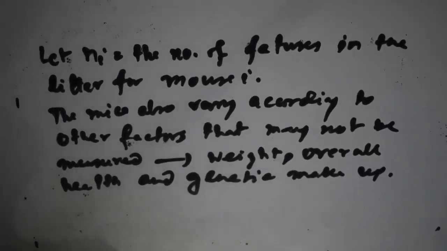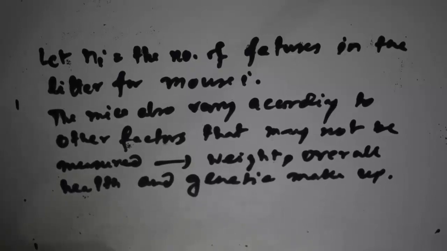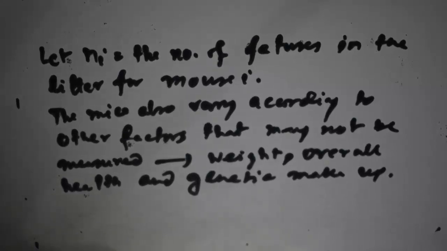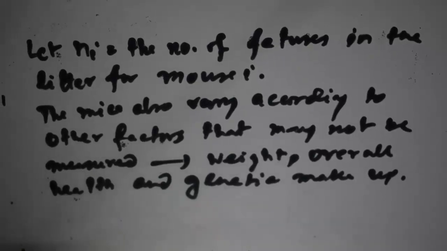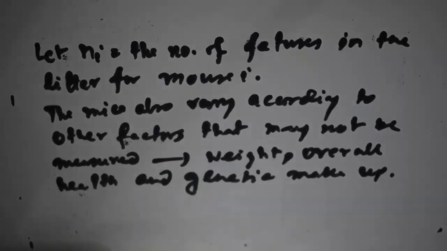Extra variation then occurs because of the variability from litter to litter in the probability pi of malformation.